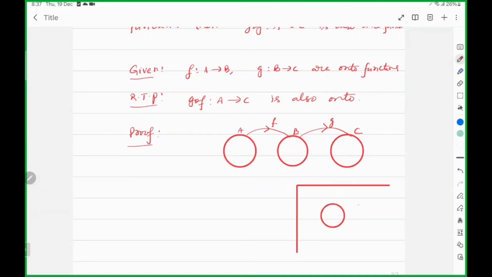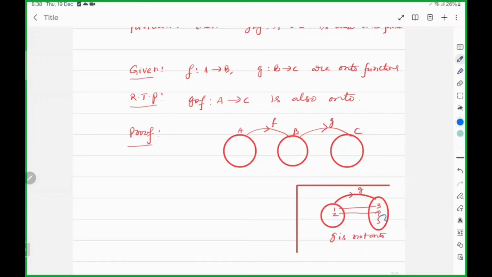Say here, for example, three has a pre-image, four has a pre-image, but five does not have a pre-image. So it is not onto.